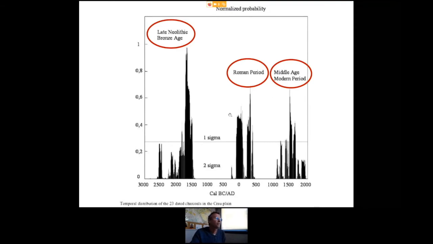We see that we've got 3 periods of intense fire, which are all linked with the presence of humans and strong pastoral activities. This is the case for the late Neolithic and the Bronze Age, but also for the Roman period, the Middle Age and the modern period at the end.